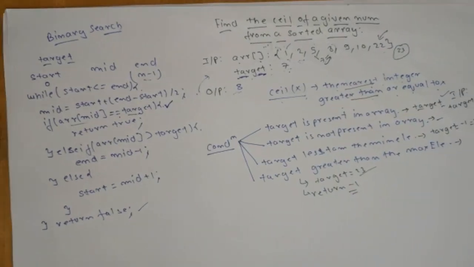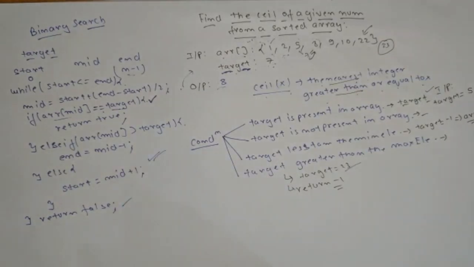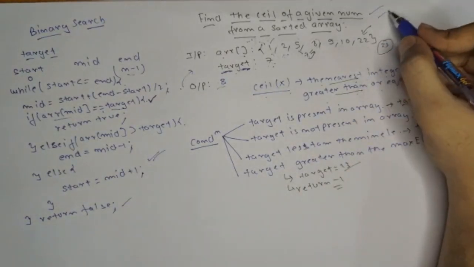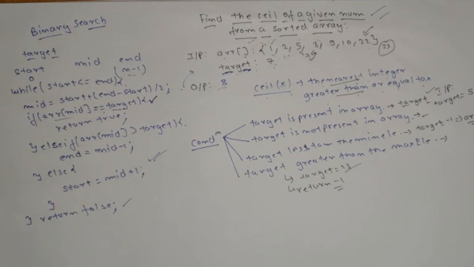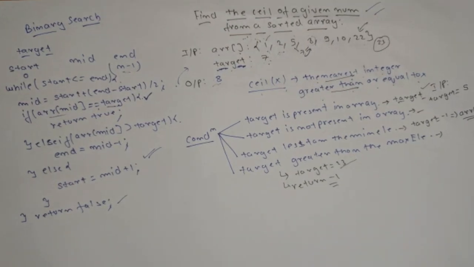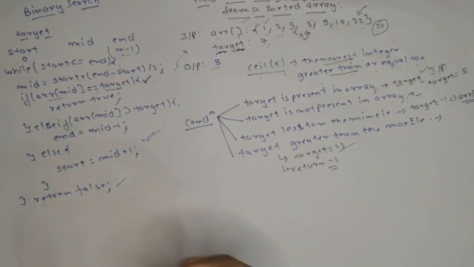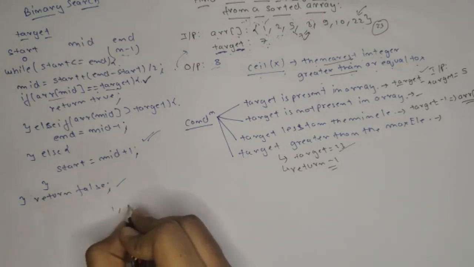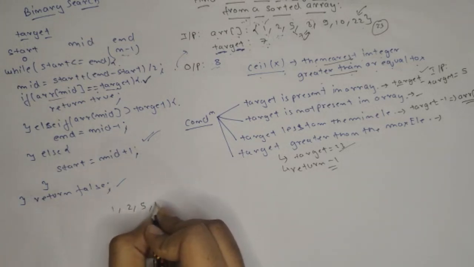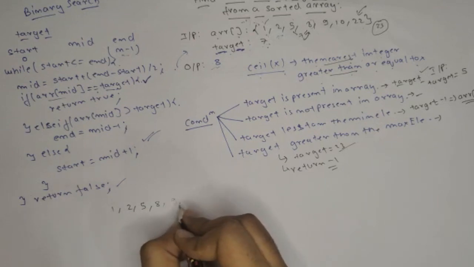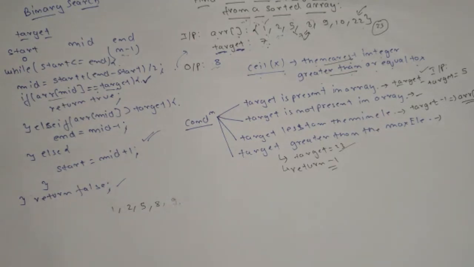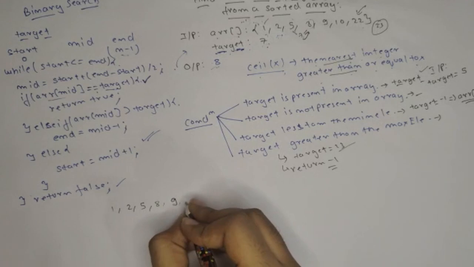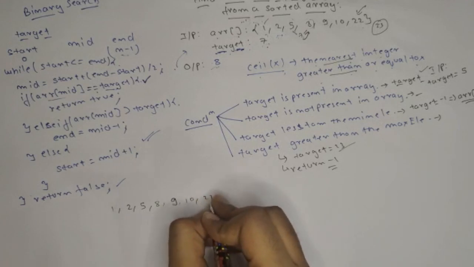So how can we use this binary search algorithm to solve this problem, find the ceil of a given number from a sorted array? Suppose I do a dry run first. What was our array? It was 1, 2, 5, 8, 9, 9, 10 and 22.